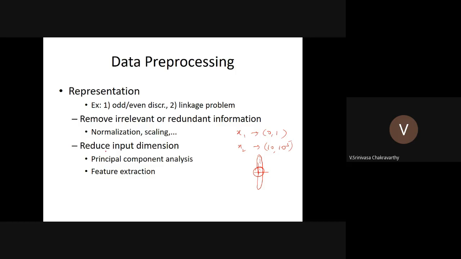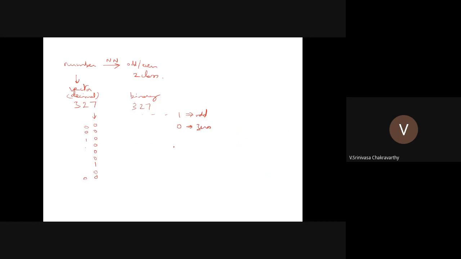And similarly, reduce input dimension. When you have a large input dimension, you need more data to fill the input space. Suppose I have only one dimension, from 0 to 1. This is 1D, and let's say my resolution is 10 points per unit interval. I just need 10 data points for this.